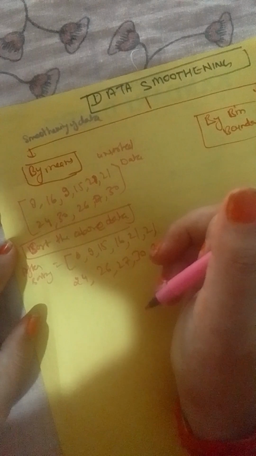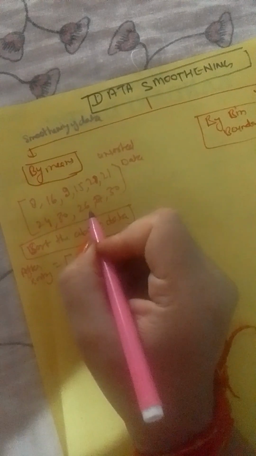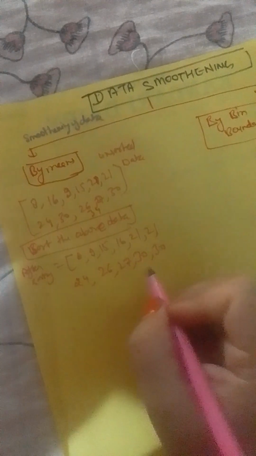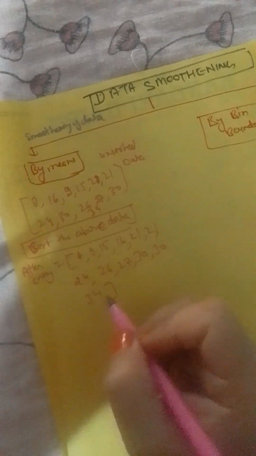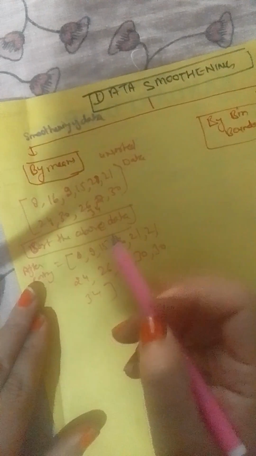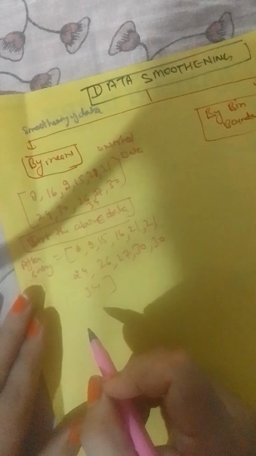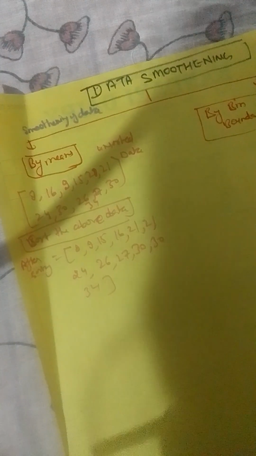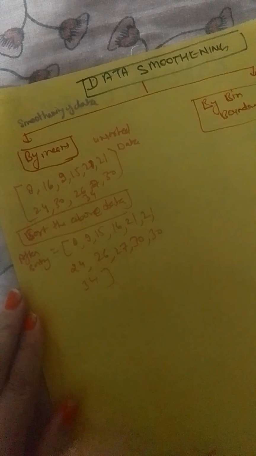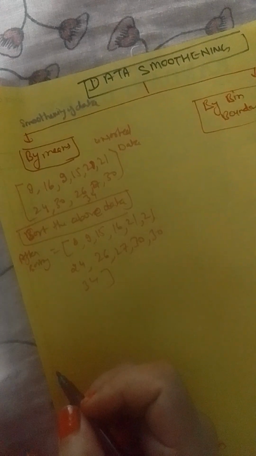Here: 27, 30, 34. Fine. This is the data after sorting. Let's take a dark color because it is not visible to you. So please pay attention to what I'm going to teach you in data smoothing by means.